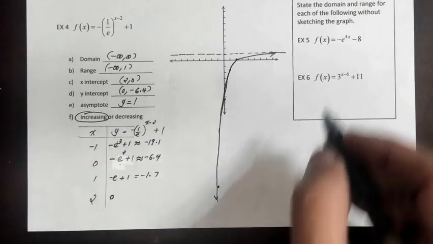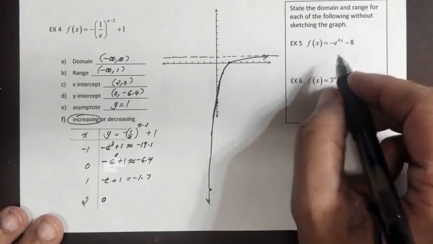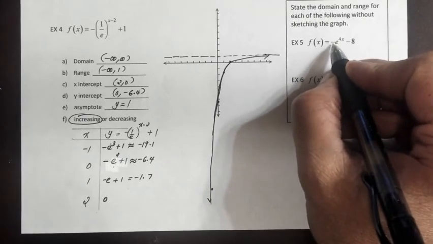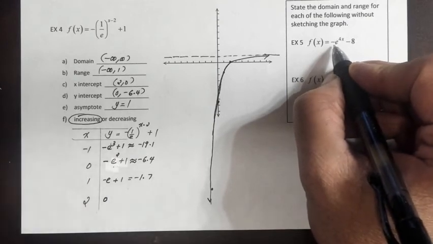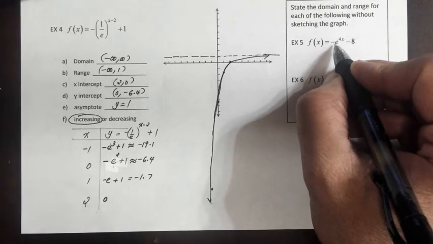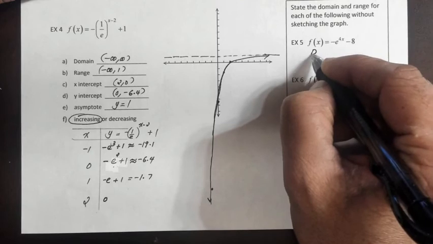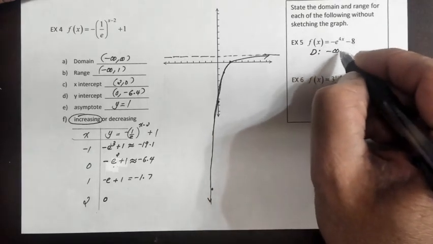A couple of other things you need to do. You don't really need to graph this function right here to complete this. By just looking at this function, since this is a negative, the function is going to be a decreasing function. And also you need to understand the domain is going to be all real numbers, no doubt about it.